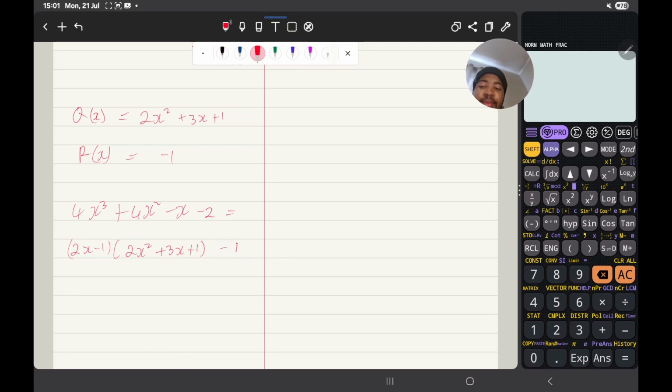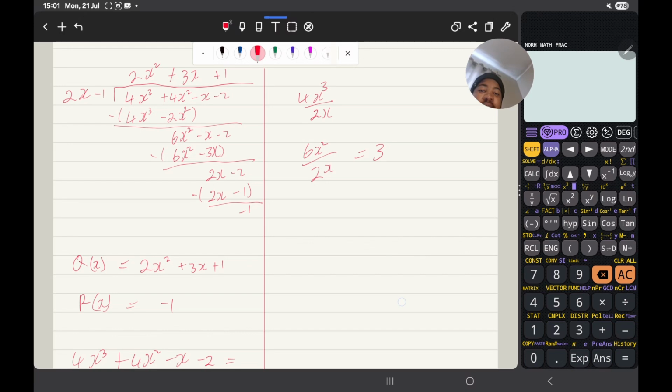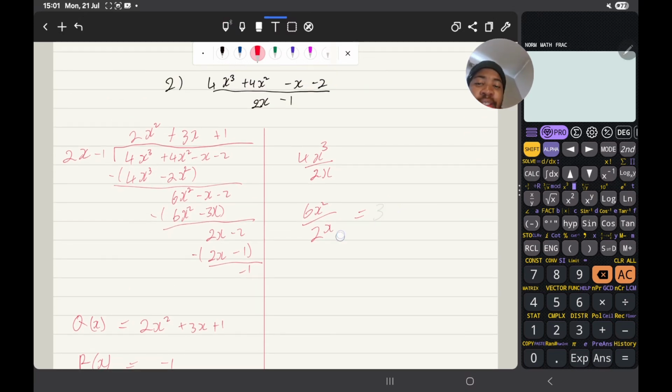Yeah, so let's synthesize this. Let's use the synthetic method to see what we get. For synthetic we have 2x minus 1 equals 0, so 2x equals 1, x equals 1 over 2.